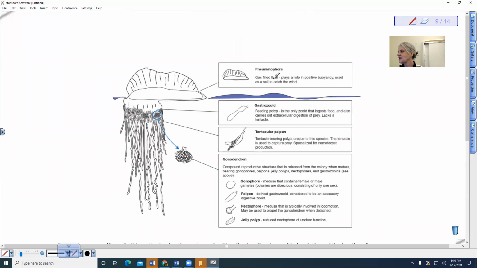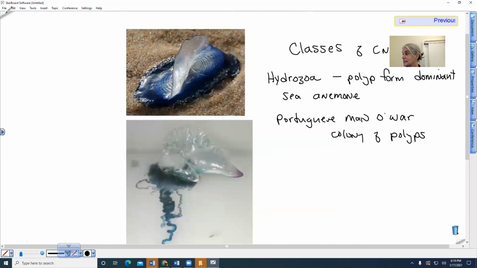So this is actually a gas-filled float that is cellular, but is not actually a polyp. But anyway, that is the structure of the Portuguese man of war and why it is in the class Hydrozoa.